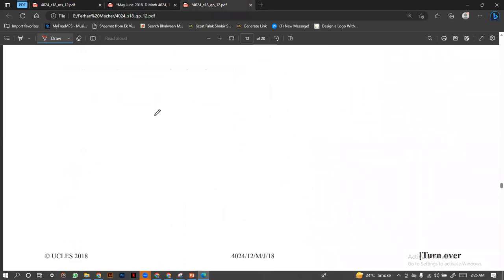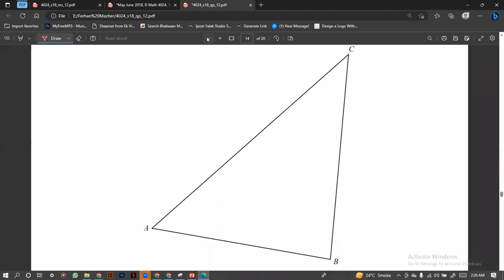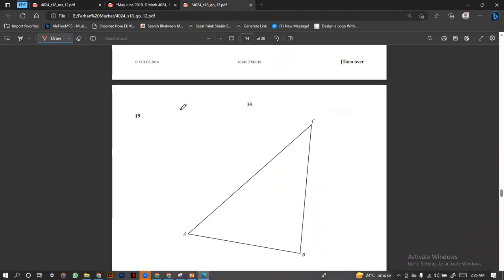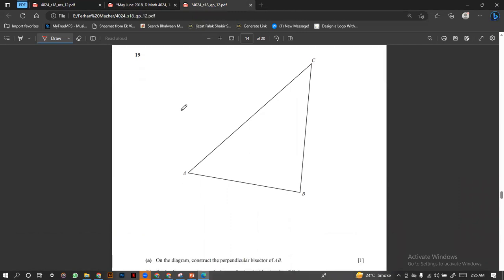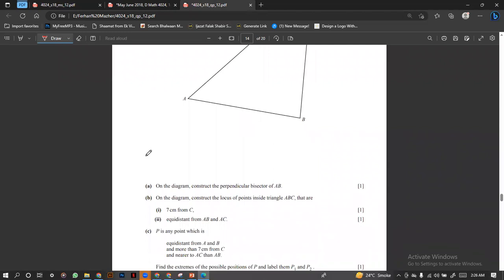So this is how this is done. Okay. So we are going to the next question. Here we have question number 19, and a triangle is already given there, ABC. He says on the diagram, construct the perpendicular bisector of the AB.